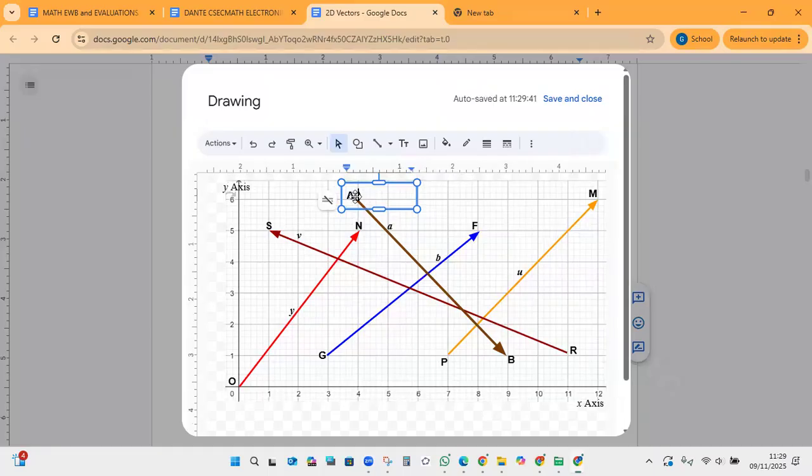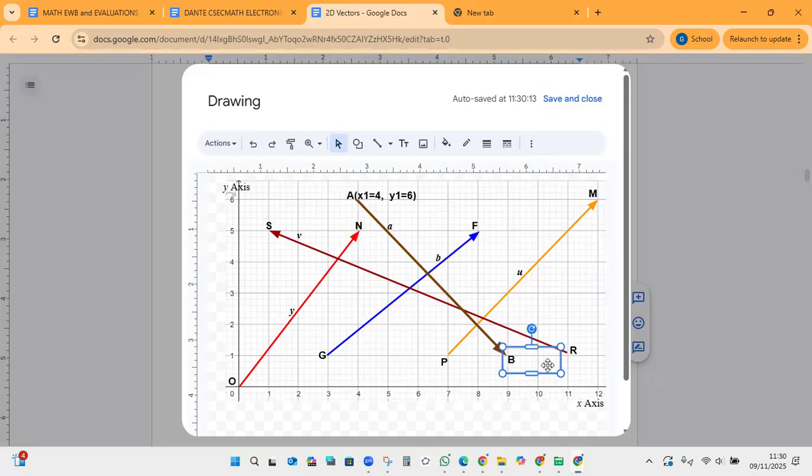The coordinates of point A, the starting point, are 4, 6. So x1 is equal to 4, and y1 is equal to 6.